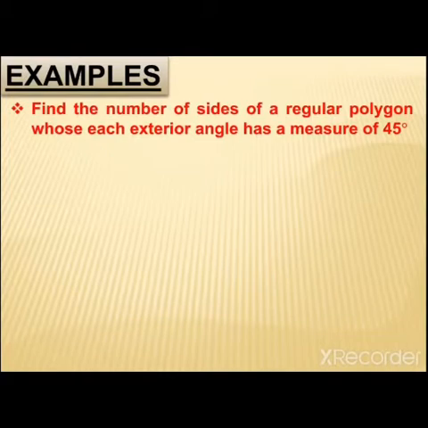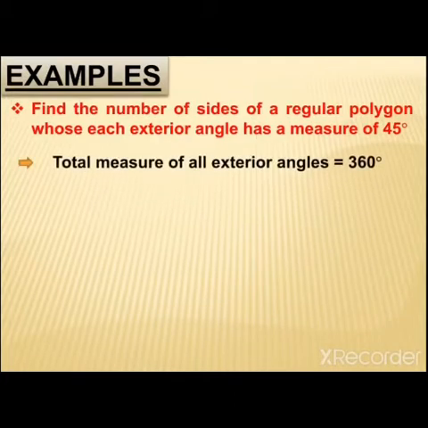Let us understand with an example. Find the number of sides of a regular polygon whose exterior angle has a measure of 45 degrees. Now see here, the degree is given, but the number of sides is not given, and it's a regular polygon. We don't know which polygon that is. So our answer: total measure of all exterior angles equals 360 degrees.